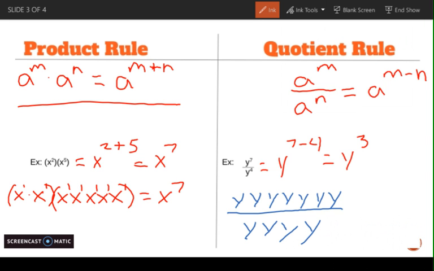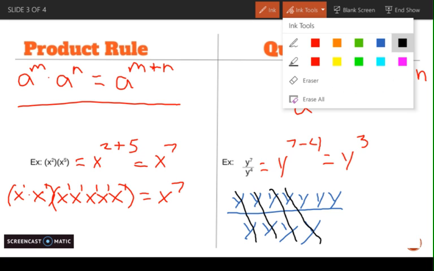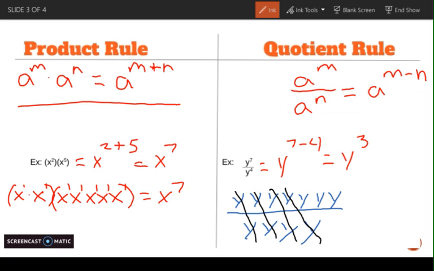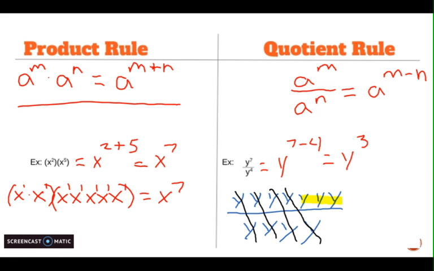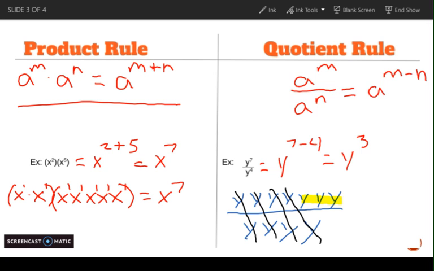So we can cancel out these y's, these y's, these y's, and these y's here, which leaves us with these 3 y's here. So when we write out our final answer there, we will get y to the 3rd, just like we did when we subtracted.